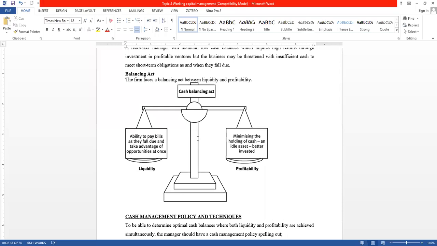And with profitability, you need to minimize the holding of cash, an asset which is idle. It is not generating any income. So this is not an easy task, okay? You need to really ensure that the two, liquidity versus profitability, are balanced.